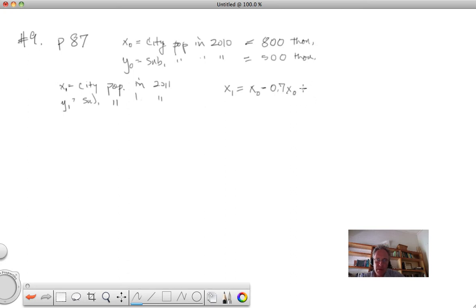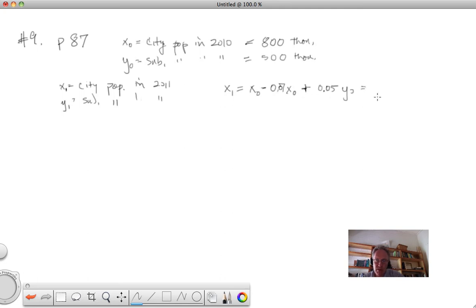And then during that year, 5% of the suburban population moves in, so that adds to x1. That'll be y0, and this is actually 0.07. So that tells you the population in 2011.